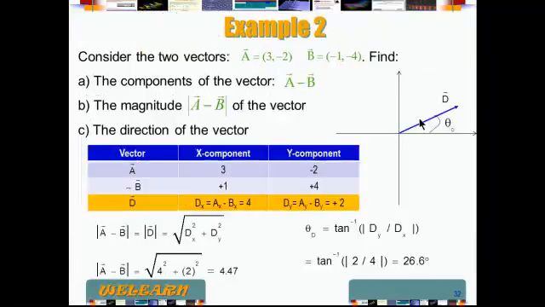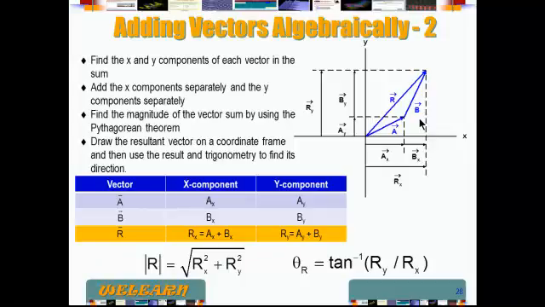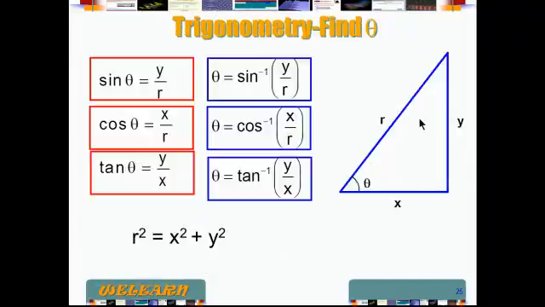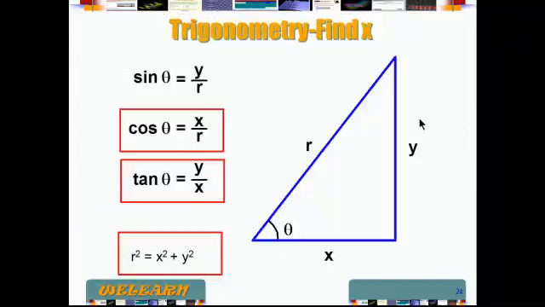So if you recall your trig, Cx is adjacent. So if I'm trying to find x, since I know the hypotenuse, that's the magnitude, I can use the cosine equation.